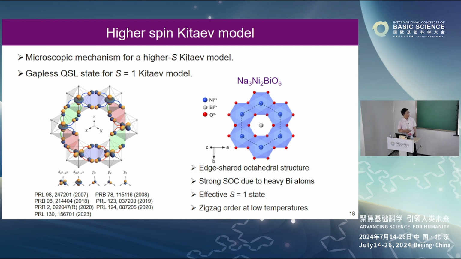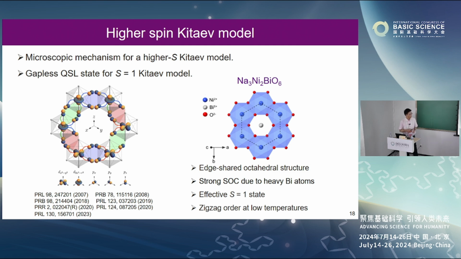And people have even proposed some materials to be candidates for a Kitaev quantum liquid, because these materials are very similar to sodium iridate or ruthenium trichloride. For example, they also have this kind of edge-sharing octahedral structure, and for this material, they actually have 3d ions.